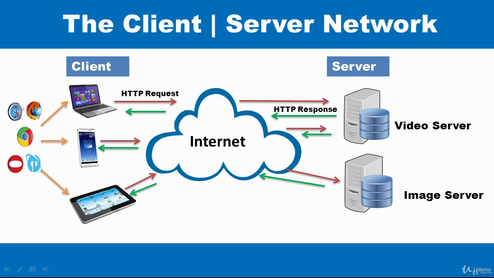So the HTTP request sends a request from the client, which could be your laptop, your phone, or your tablet. The request is sent over the internet to the web server, or the server anywhere in the world, and the server processes that request and sends it back via the HTTP response. So HTTP is a communication tool to initiate that request and response communication.